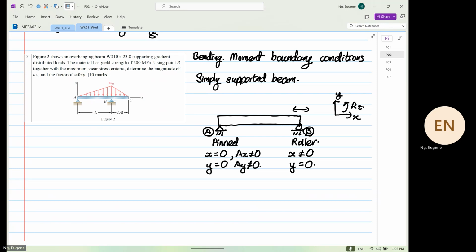And then there might be a gap, and then you will see a metal plate put on top over here. This is the same if we have a transformation over here, that this is x and this is y. This is the same as x is equal to 0, y is equal to 0, x is not equal to 0, y is equal to 0. Don't always believe what the professor says.